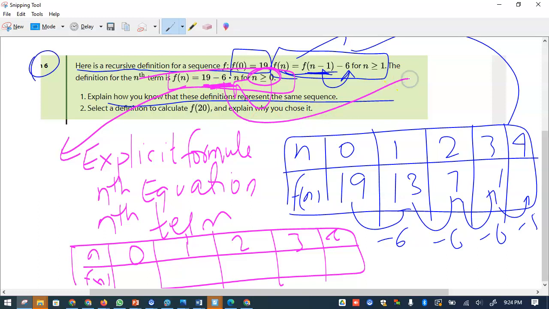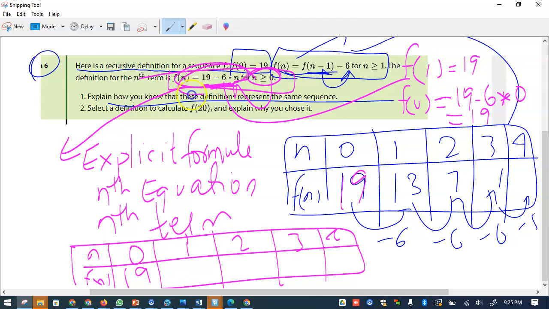So if I write f of 0, you get 19 minus 6 times 0, you get 19. So it's the same 19 which is here. If I put 1, now I'm putting n is 1. 19 stays the same and minus 6 multiplied by 1. And that also gives you 13.